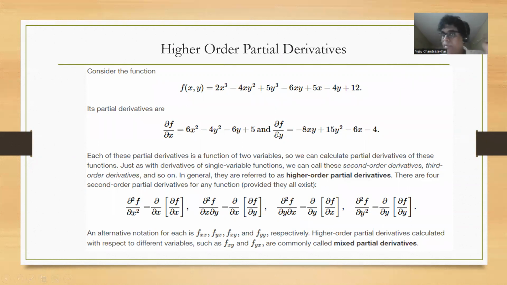Likewise, if you have calculated a partial derivative with respect to y, you have two options. Your second order derivative can be with respect to x, or with respect to y.